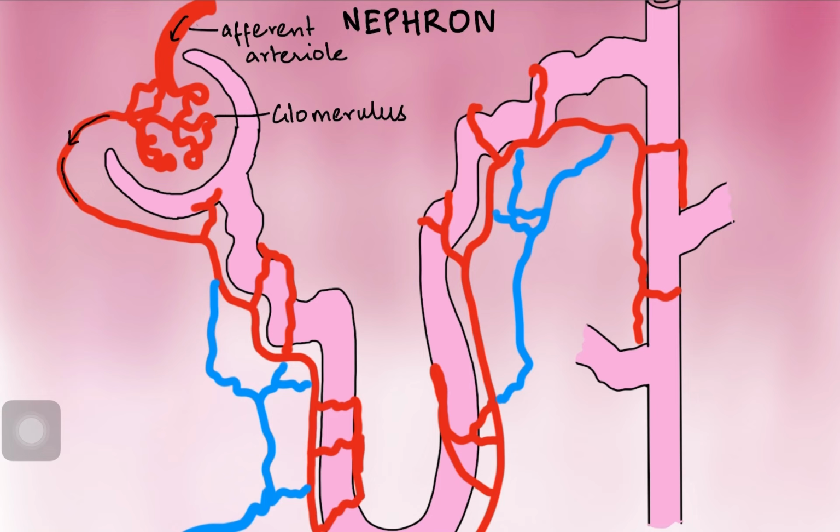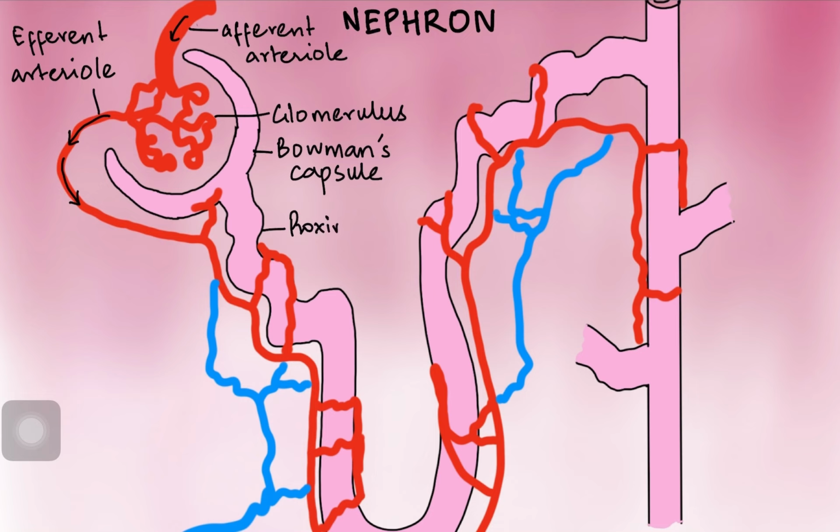This is the tuft of the capillaries. And then blood goes away through another vessel known as the efferent arteriole. So afferent brings blood towards the nephron and efferent takes it away. Glomerulus is surrounded by a membrane system known as the Bowman's capsule. This Bowman's capsule is where filtration happens.